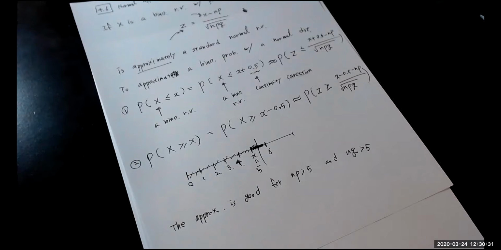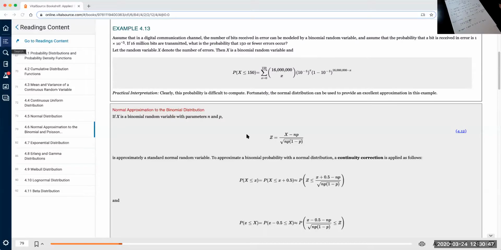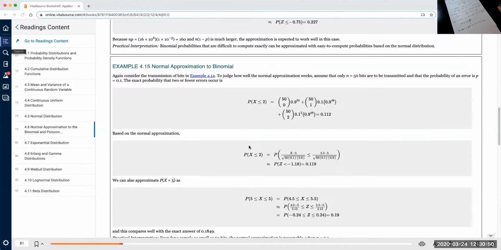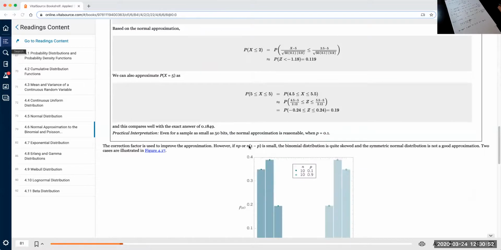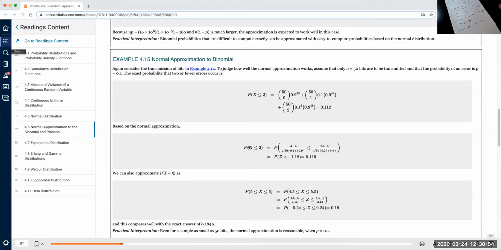Then let's see the example in the textbook, 4.15.